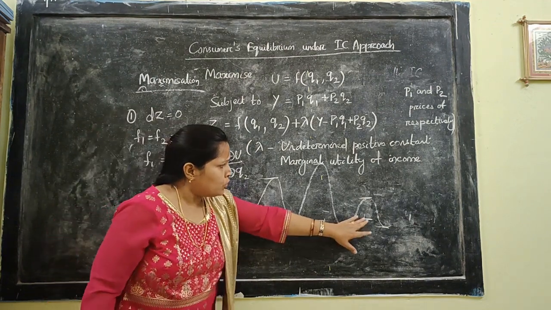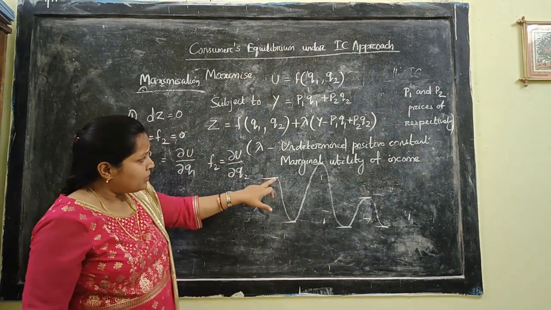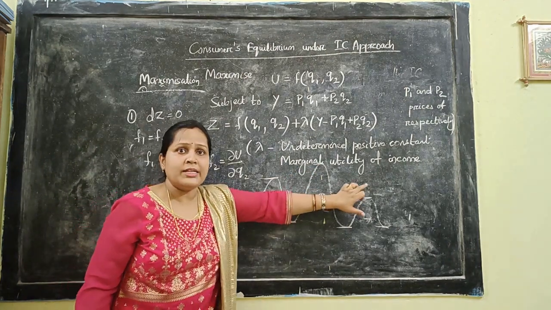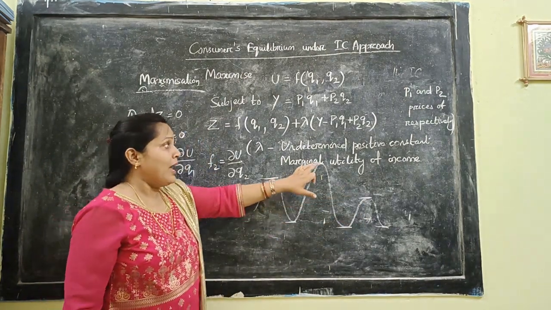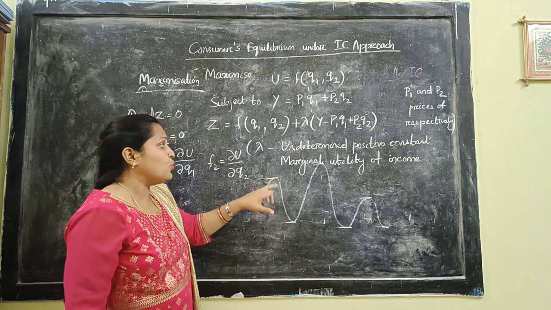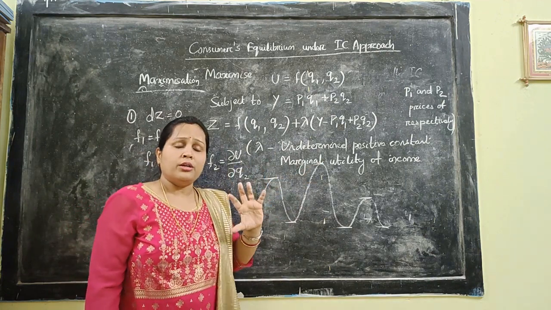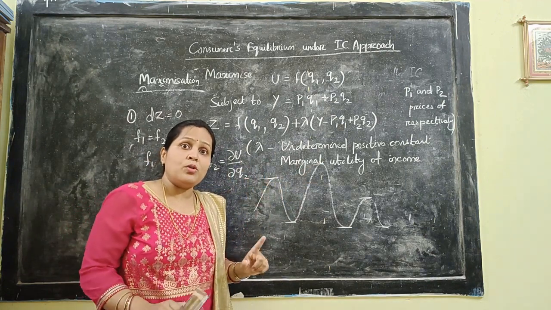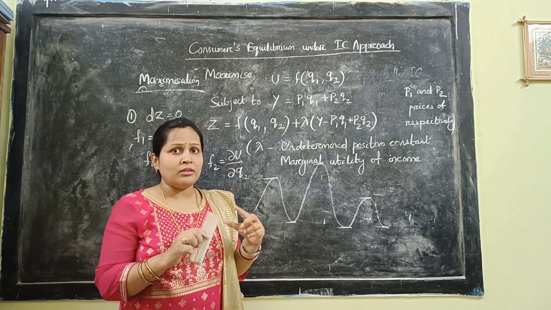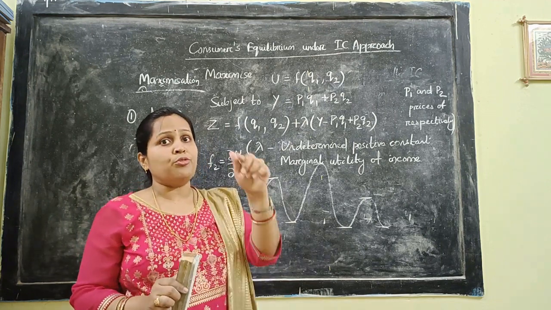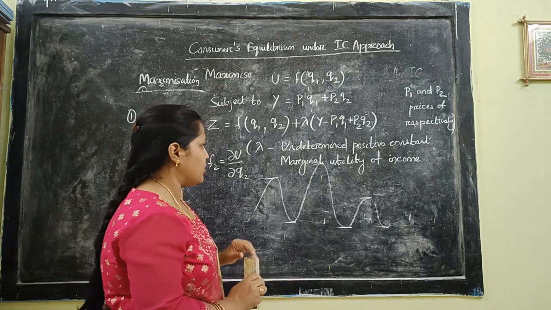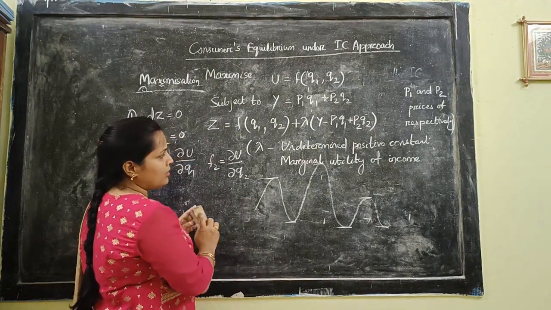These are the stationary points, and the first order condition gives you those points, but you don't know whether these points are maximum or minimum. To know that, you have to go for the second order condition.